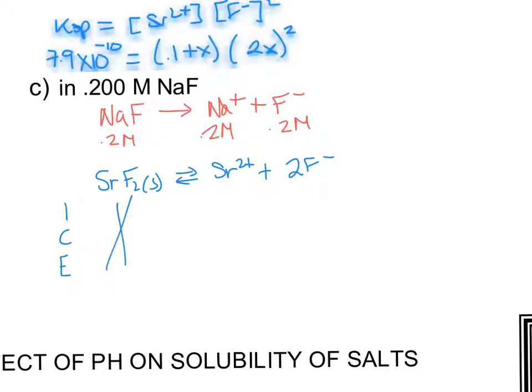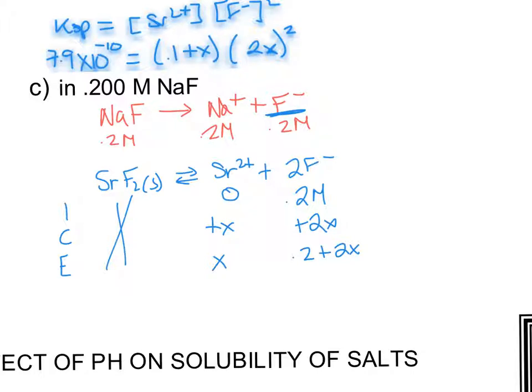This starts out as 0, but the F minus from this is 0.2 molar. X amount of the SrF2 solid is going to dissociate, and so I'm going to form X amount of Sr2+ and 2X amount of the F minus. So this is X, and this is 0.2 plus 2X.